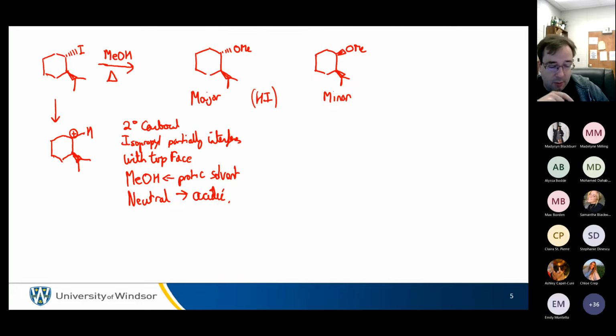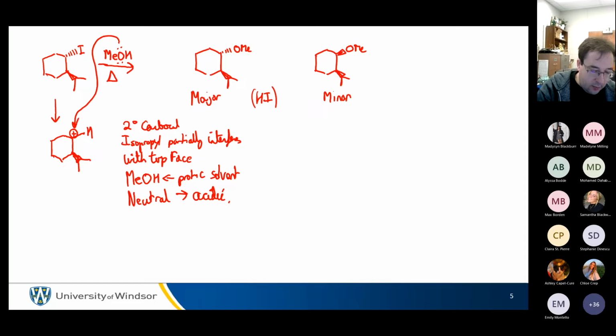Yes, Claire. No, the H doesn't leave the methanol, there's nothing to get the H away. So Drake asked, does the H leave the methanol? No. The methanol reacts. Sorry, I should have drawn this in. I'm very sorry, you're absolutely right.